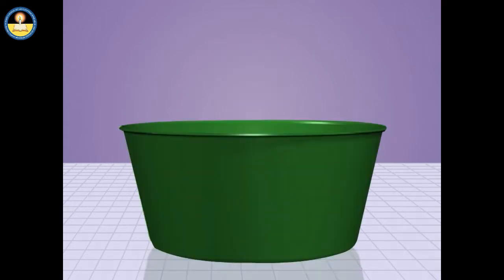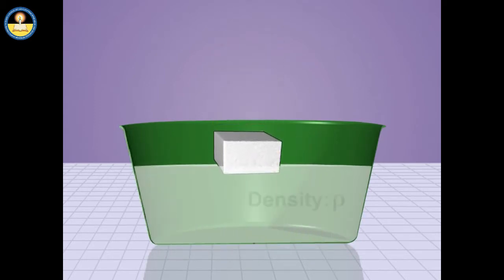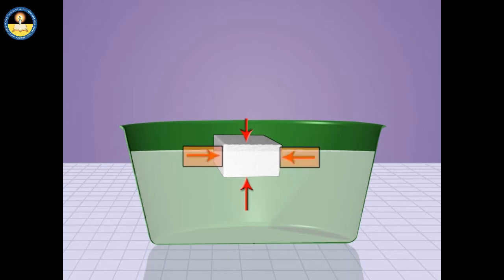Let us take a cubical block. When it is immersed in a fluid of density ρ, the surrounding liquid exerts normal forces on all of its faces. Clearly, the horizontal forces being equal and opposite cancel out each other.